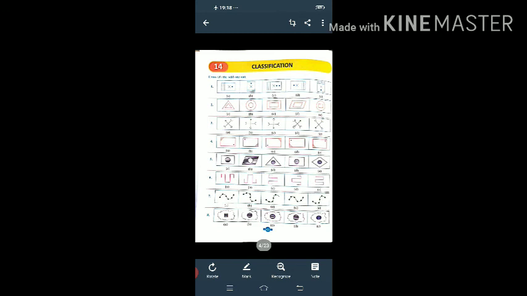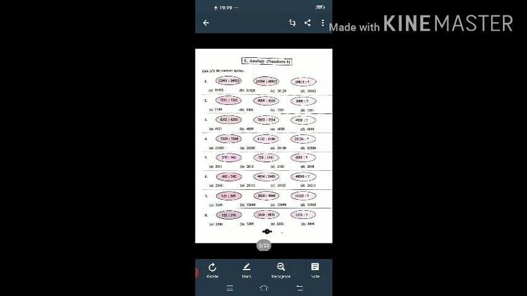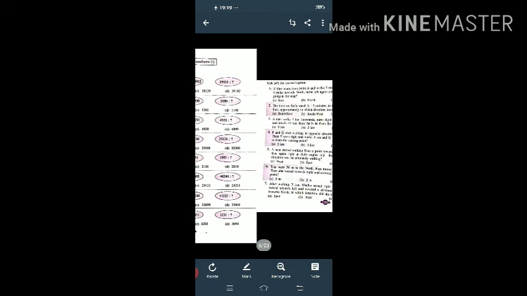C part is the odd one, because in the remaining four diagrams there is a cross and a small circle, but in C option there is one cross and two circles. That's why it is different. So in this way you can find the different one. Next one is correct options. In the same way we discussed the previous page, that was page number 6.